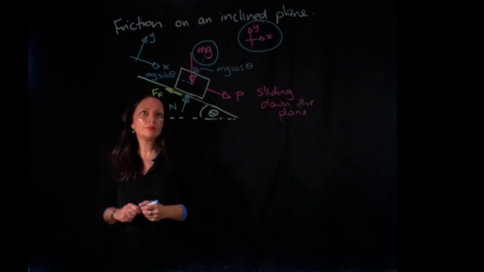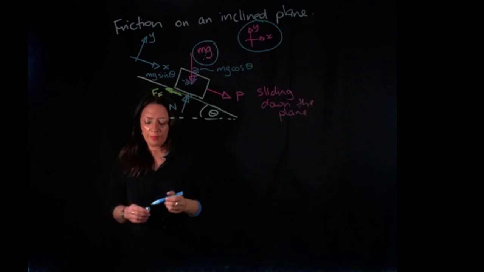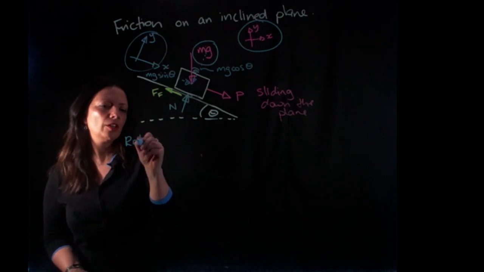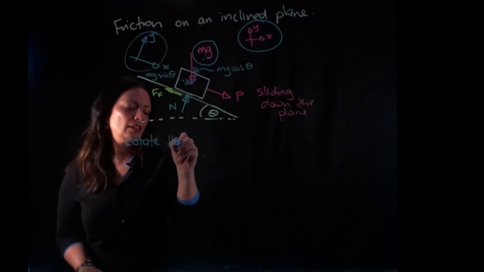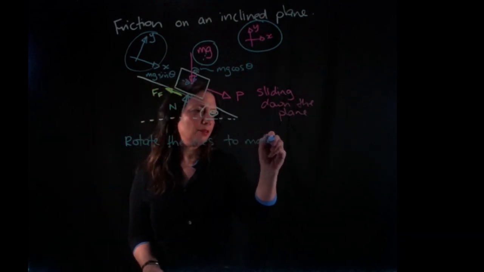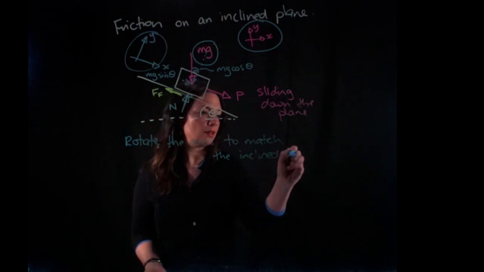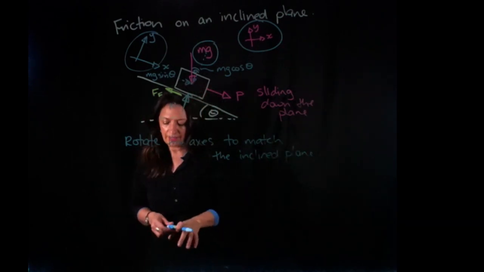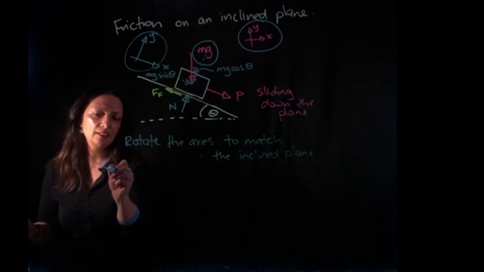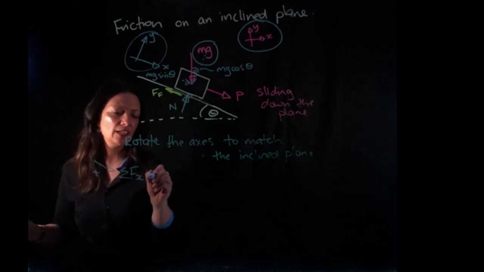To solve these problems, we're going to rotate the axes to match the inclined plane. I can say that this way is positive x now. The sum of the forces in the x direction has to equal 0.